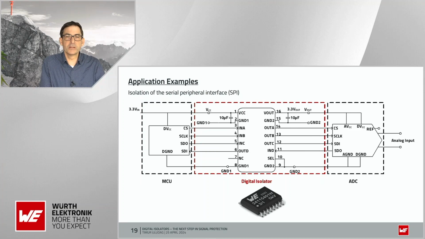Let us now go a little bit more in depth for a real application that is shown here. The SPI bus is a standard bus for synchronous serial communication designed to provide a simple and easy implementation of high-speed interfaces. Here we have the microcontroller and, for example, the analog to digital converter.